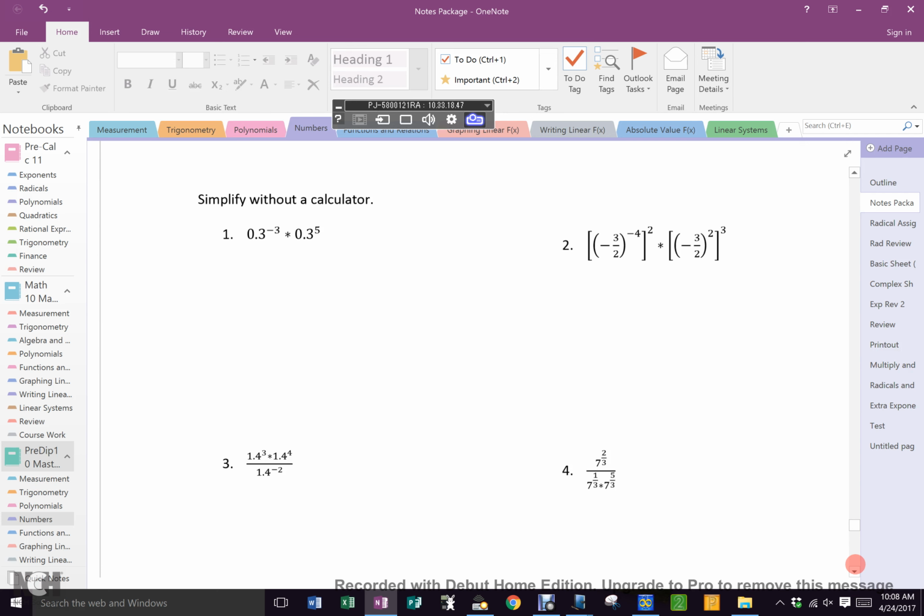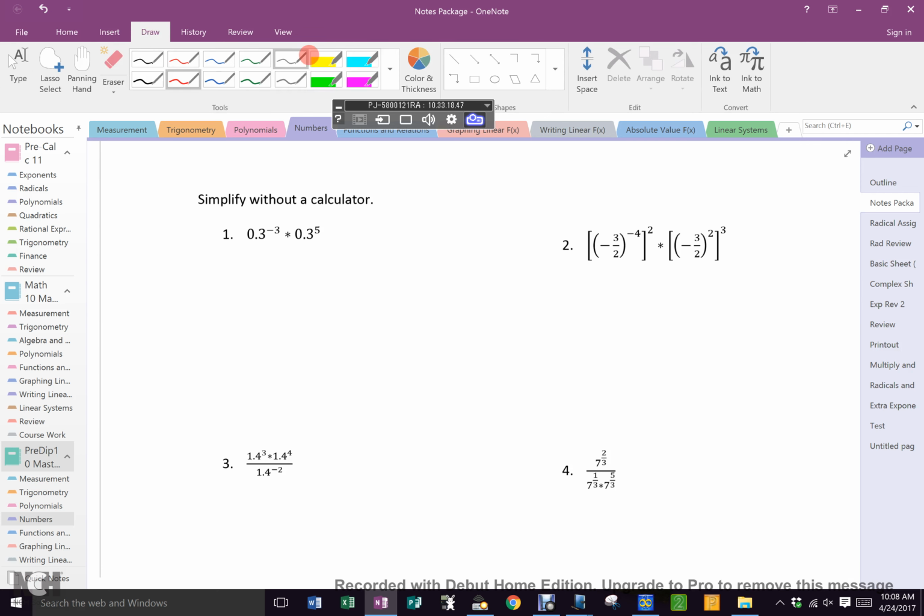So what do we notice about that and that? They're the same, which means they're the same base, right? Which means, what do I do with the exponents? Add them. So that is 0.3 to what power? 2. Now, would I leave it that way? Yes or no?